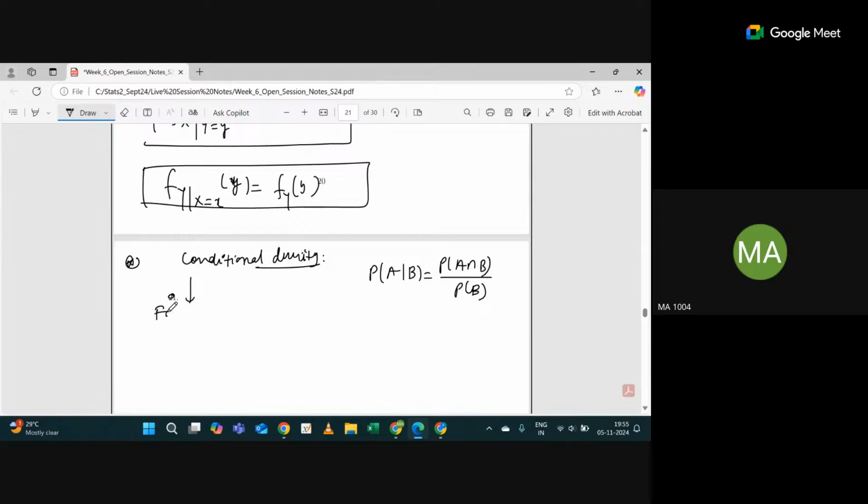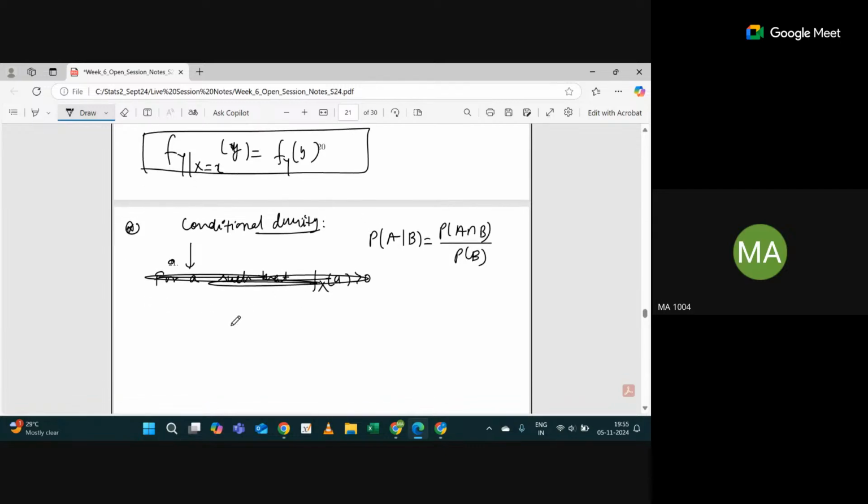Suppose I have to find f of Y given X equal to x at y. What is the numerator part? The joint part, so it will be f_XY of x comma y, and in the denominator it will be f_X of x.